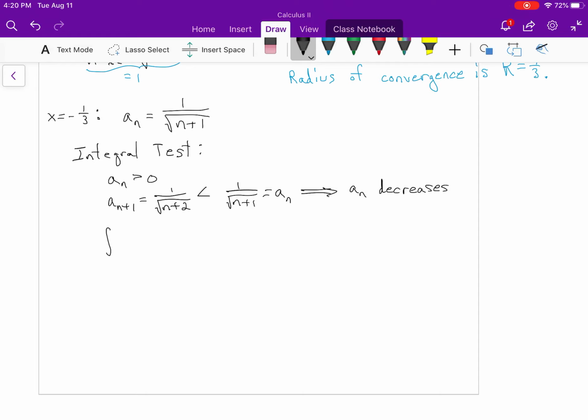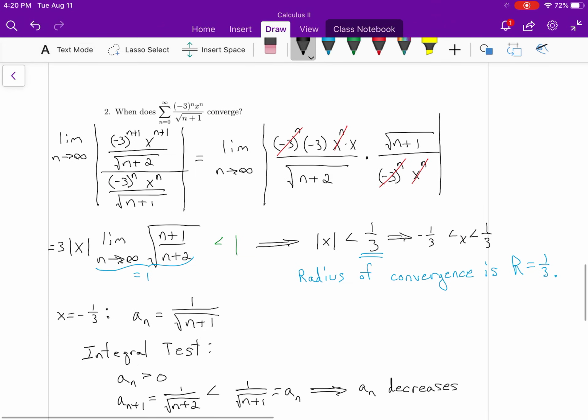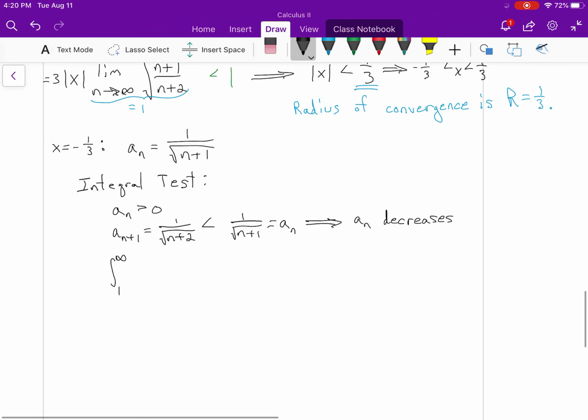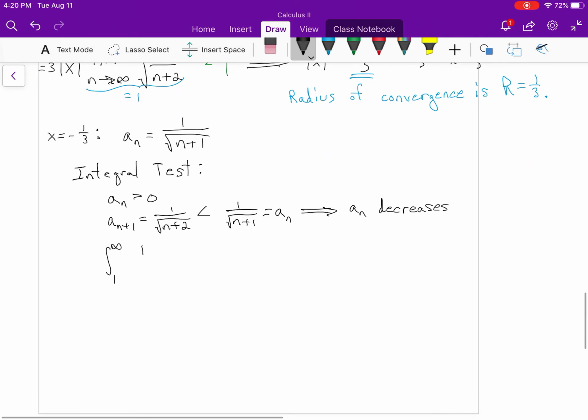So that brings us to actually finding the integral. Remember, it is going to be the integral from 1 to infinity, because your capital N in the integral test at a minimum is 1, even though our counter in this summation starts at 0. And we want to integrate 1 over the square root of x plus 1 dx, which you could rewrite as x plus 1 to the negative 1/2. If you see the answer to the integral, great.